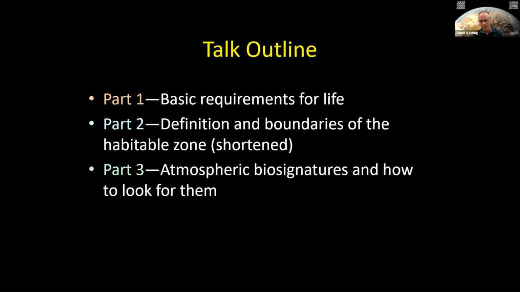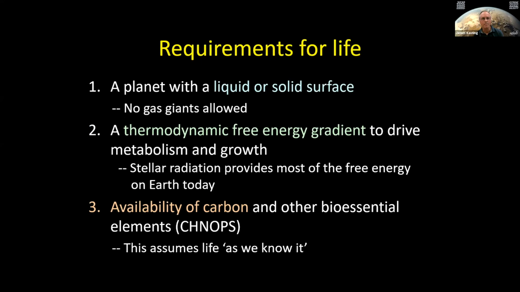I'll talk a little bit about the definition and boundaries of the habitable zone, but that's shortened compared to the online talk because it gets kind of technical. And in fact, there's not that much technical detail in the online talk either, but there's lots of papers on that. And then finally, I'll talk about atmospheric biosignatures and how to look for them with missions that are being planned. And that, I think, is the part that excites most of us. So I want to spend some time on that.